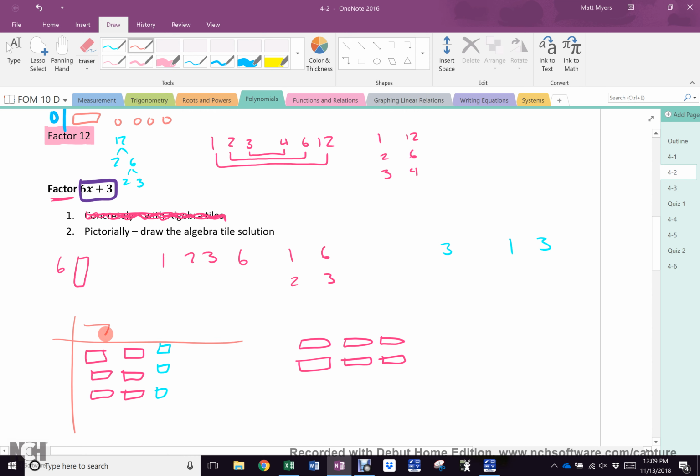Because I can go 1, 2, and 1, and then 1, 1, 1. Correct? If I tried to move these three here, do I make a rectangle? No, I got this little tail down here. Okay, Mr. Myers, you're not fooling me.